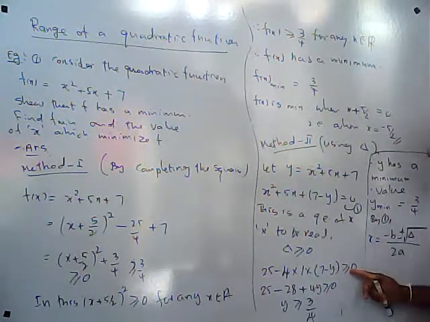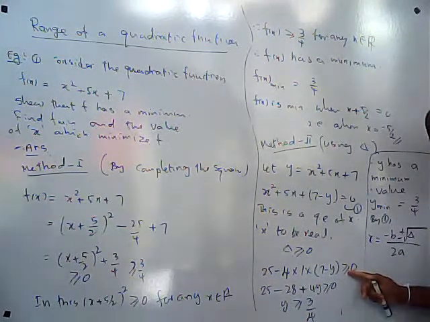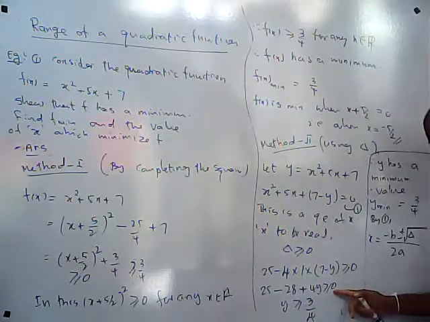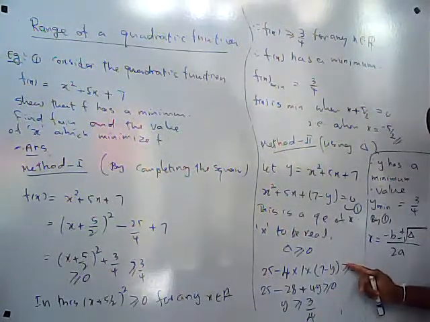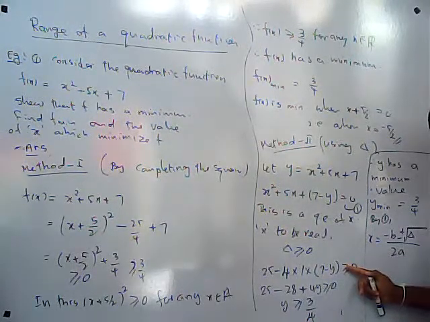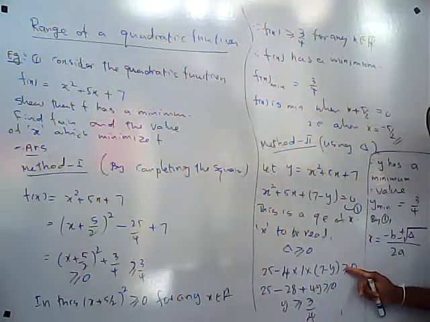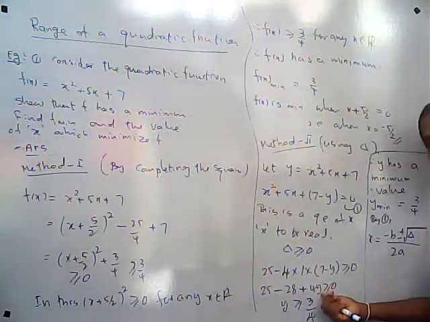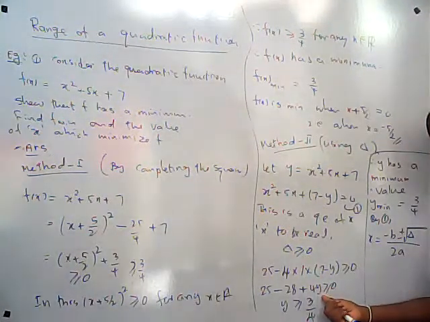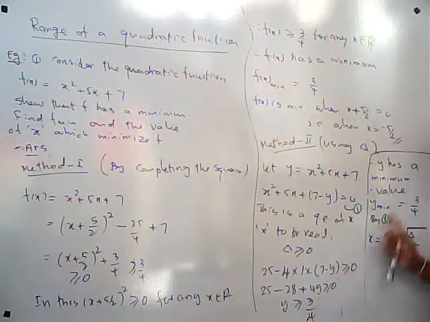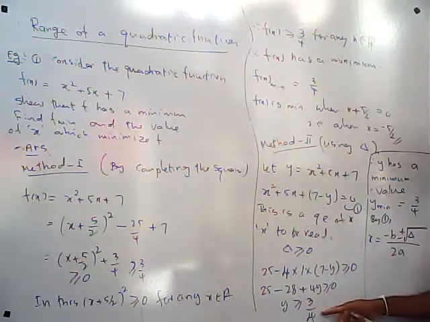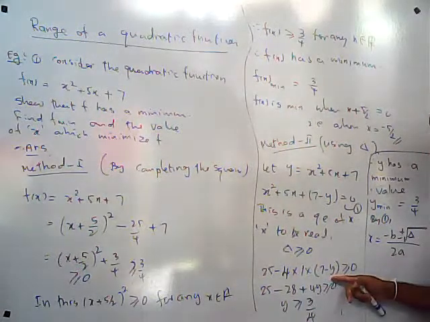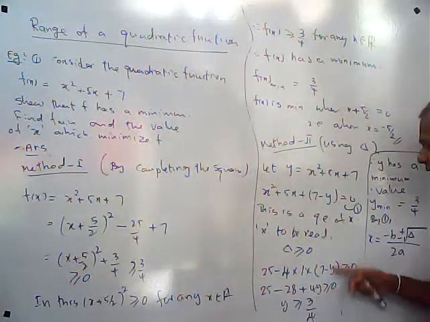If it is equal to 0 here, what happens to this?